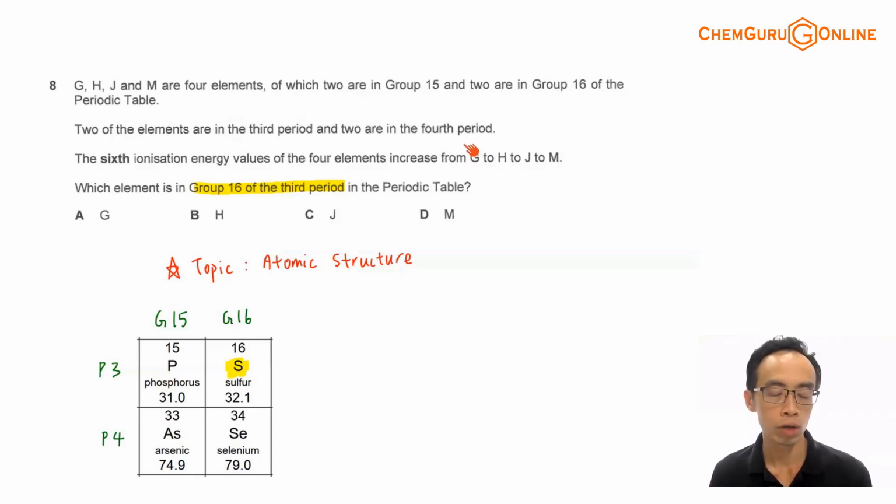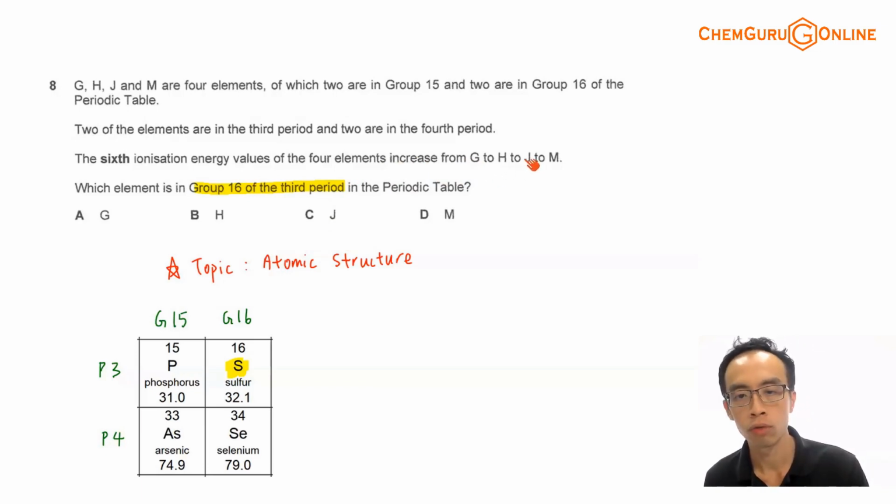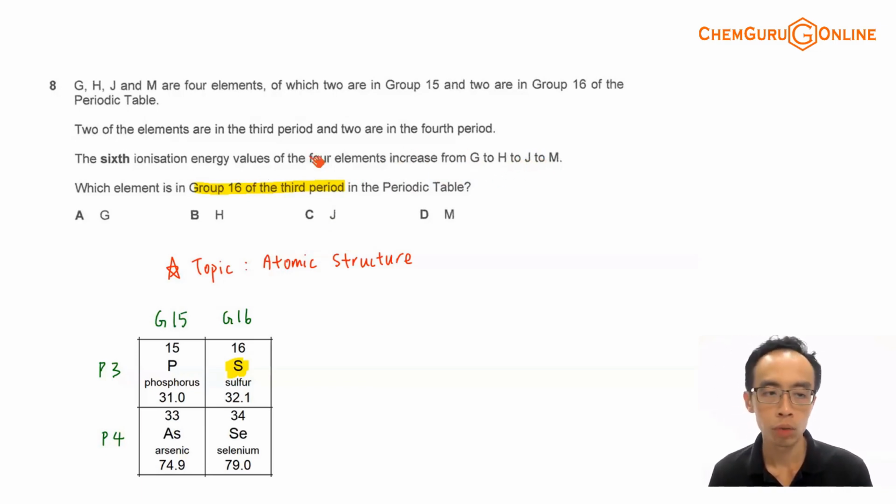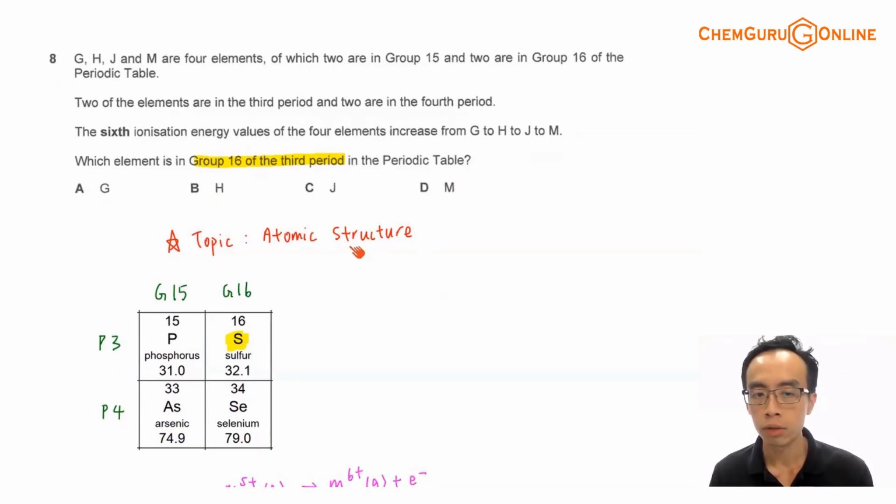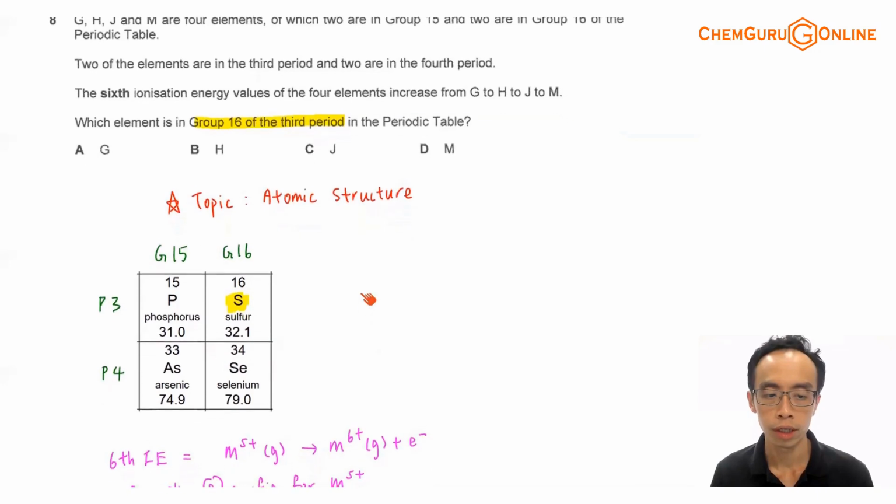The question also adds that the 6th ionization energy values, that means removing electron number 6, of the 4 elements increases from G to H to J to M. The question is asking which element is in group 16 of the 3rd period in the periodic table. So this question is a little bit interesting and takes a while for us to figure out. The topic tested in this question is atomic structure, so let's take a look at that.